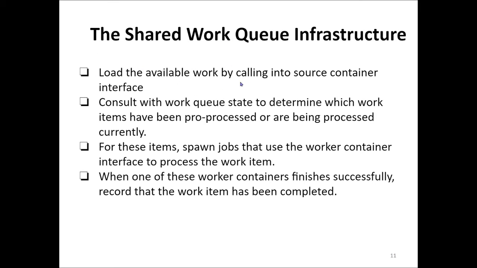We're going to load the work into a container, then determine which work has been processed and which has not. Then we're going to process the work which is not processed yet. Then we spawn some jobs for the workers and assign them, and if the worker finishes successfully, we record the work, and if not, we go back and process the other thing.